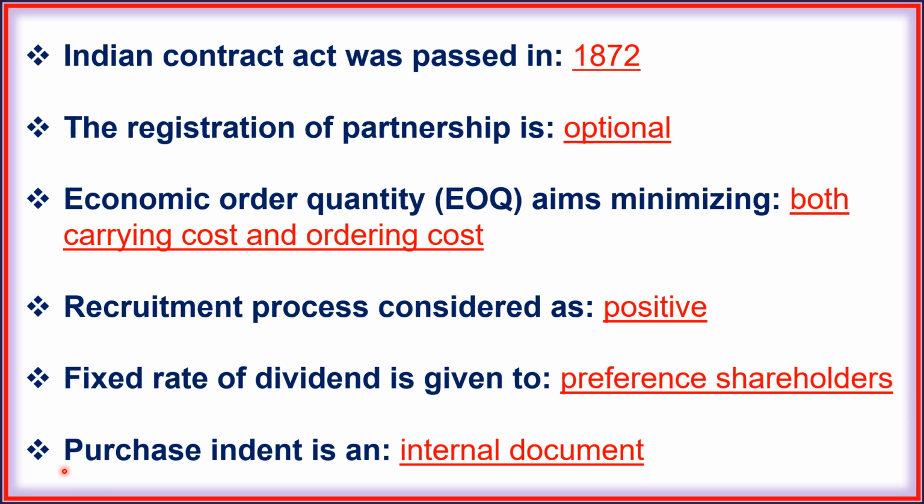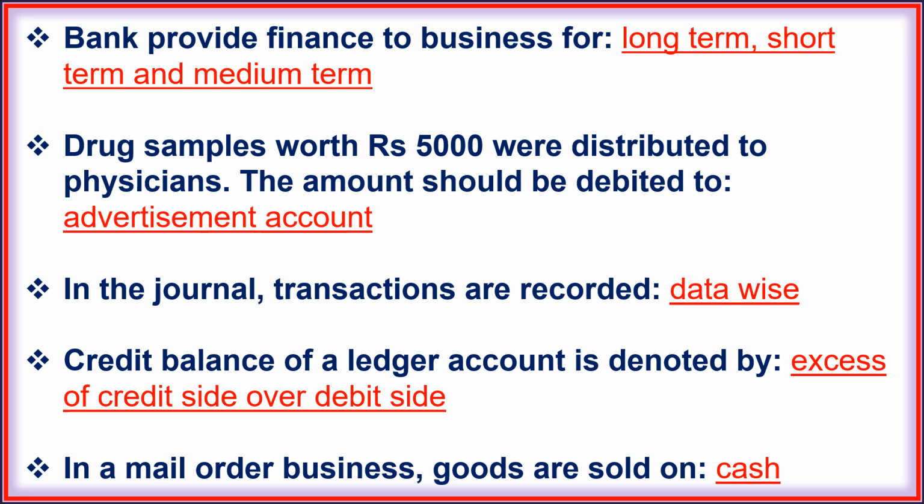Next, purchase indent is an internal document. Next, bank provide finance to business for long term, short term and medium term. Next, drug samples worth ₹5,000 were distributed to physician. The amount should be debited to advertisement account.